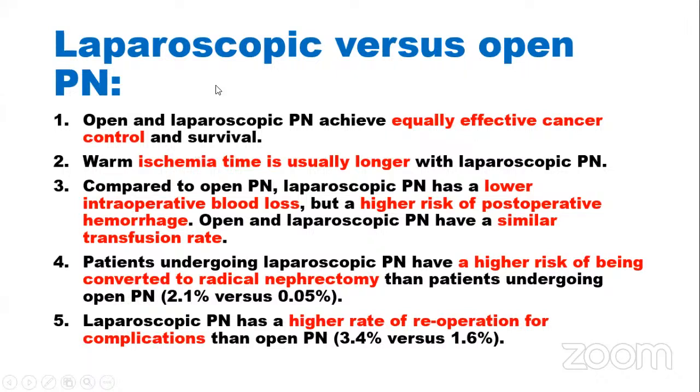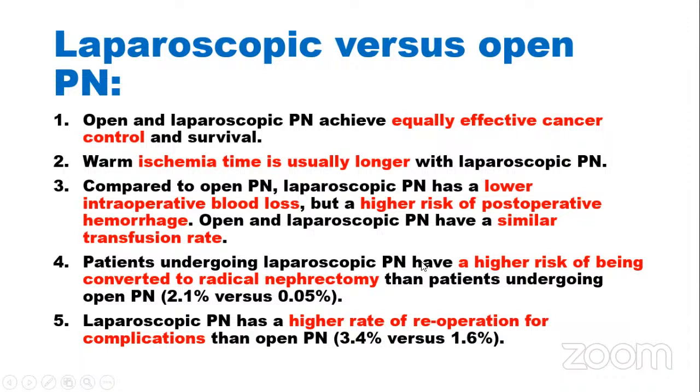Laparoscopic versus open partial nephrectomy. Open and laparoscopic partial nephrectomy achieve equally effective cancer control and survival. Warm ischemia time is usually longer with laparoscopic partial nephrectomy. Compared to open partial nephrectomy, laparoscopic partial nephrectomy has lower intraoperative blood loss and higher risk of postoperative hemorrhage. Open and laparoscopic have similar transfusion rates.